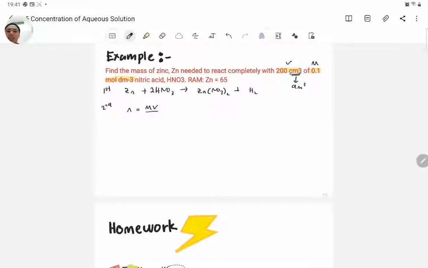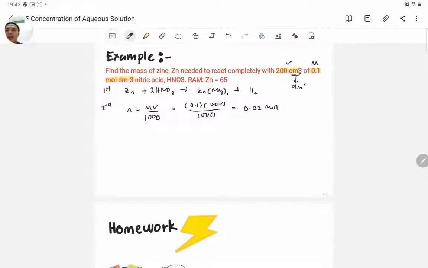That's why we divide with 1000. So 0.1 times 200 divided by 1000, you will get 0.02 mole for nitric acid.